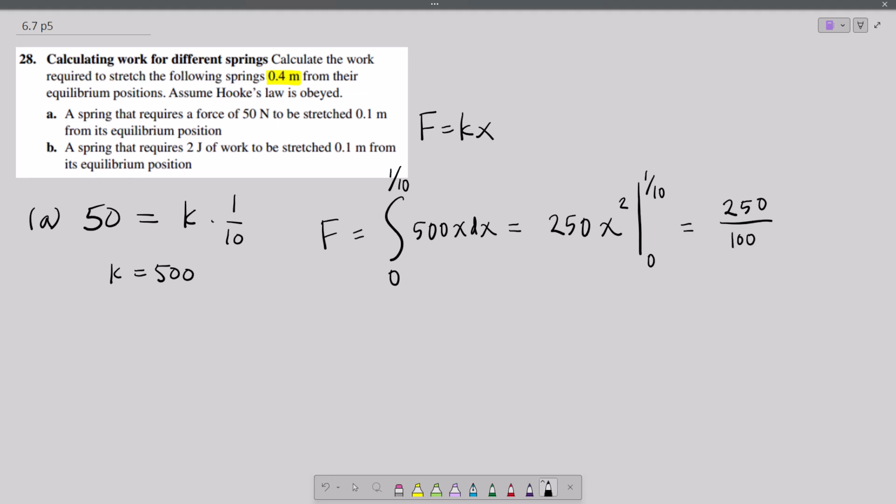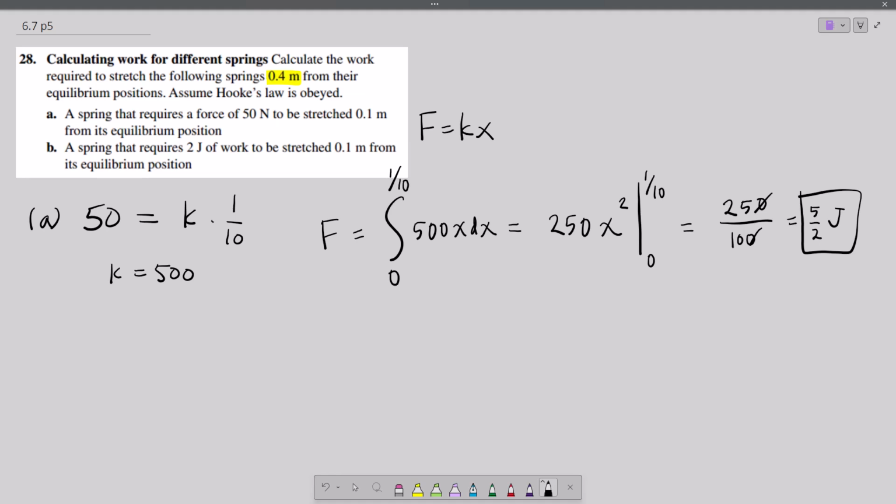Plugging in 1/10 there, square the 10, get 100. Divide out, get rid of the 0, divide out of 5, we get 5/2 joules. So that is the common way, that's like the most gentle way to give you your data point to find k. They give you an F value, they give you an x value, you divide, you get your k.